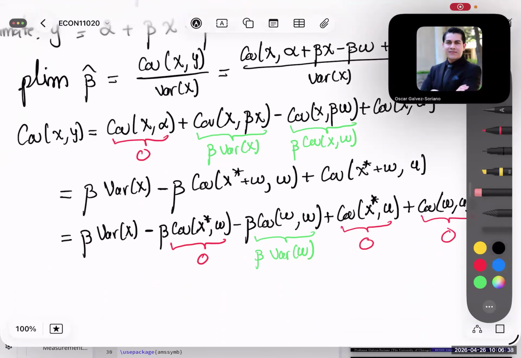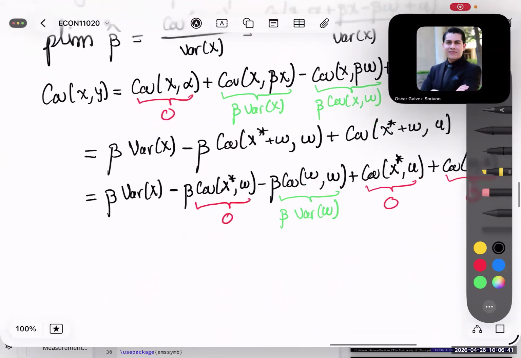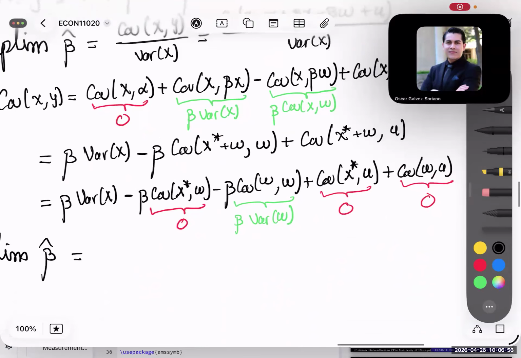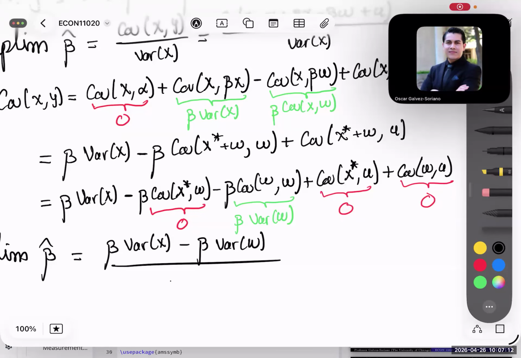So now we have everything that we need. Let's go back to the probability limit. We said covariance of x and y over variance of x. The numerator now is what we simplified from the last expression, which is beta variance of x minus beta variance of w, divided by variance of x.